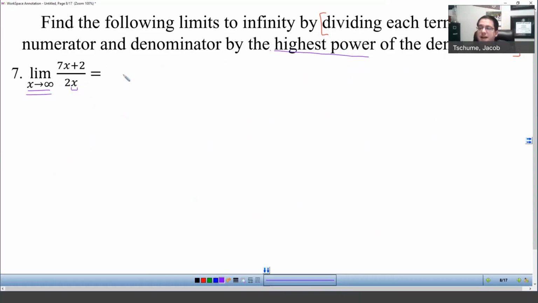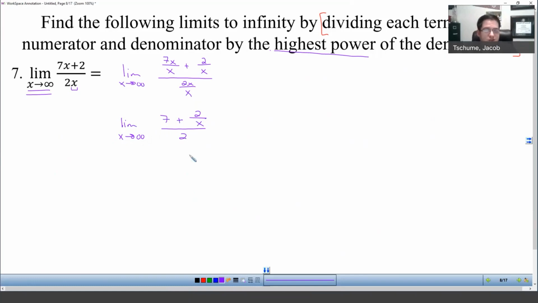So I'm going to divide everything by x. So when I do that, it becomes 7x divided by x plus 2 divided by x over 2x divided by x. And we're going to simplify this. This becomes the limit as x approaches infinity of 7 plus 2 over x, all over 2.